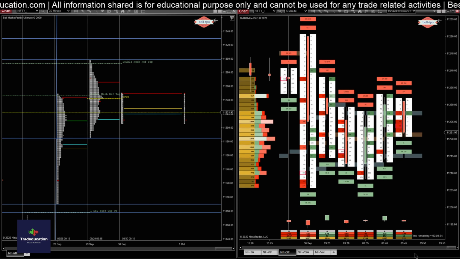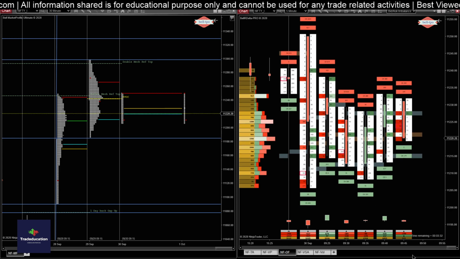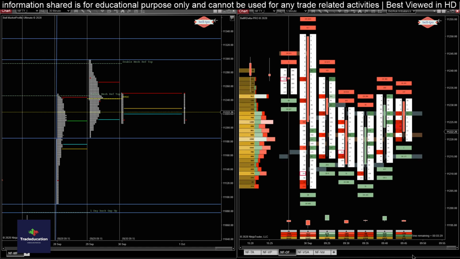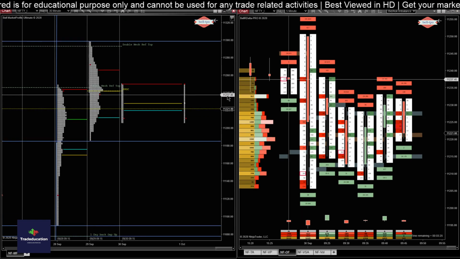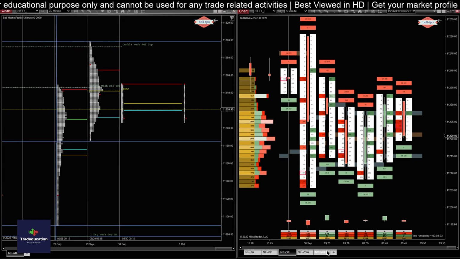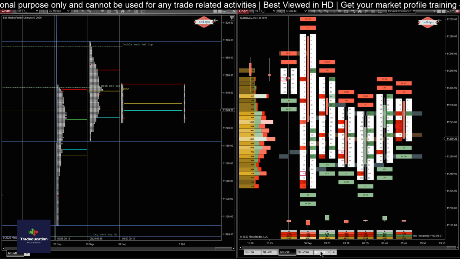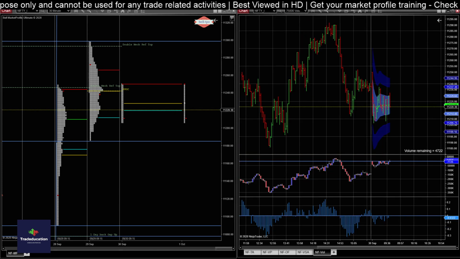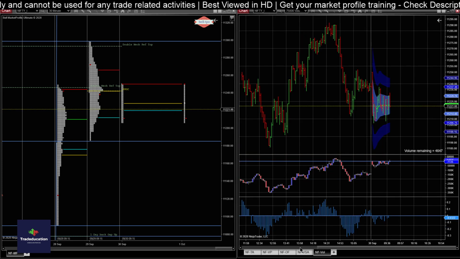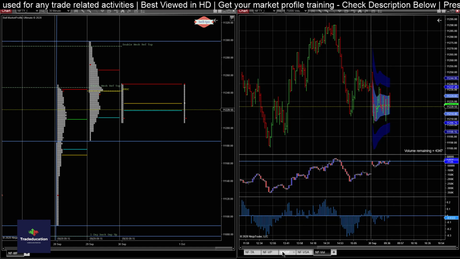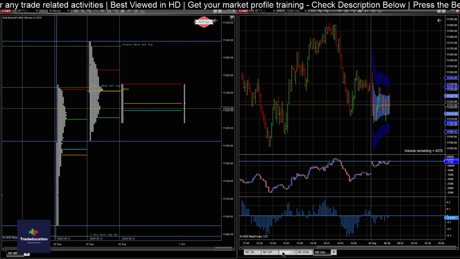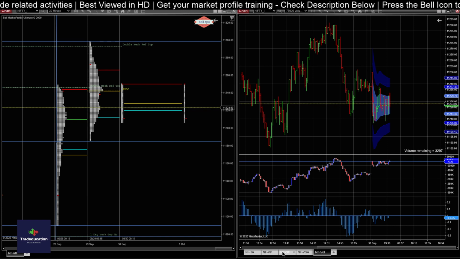Again, it is hitting the VWAP. VSA chart not working. Just hovering around VWAP.